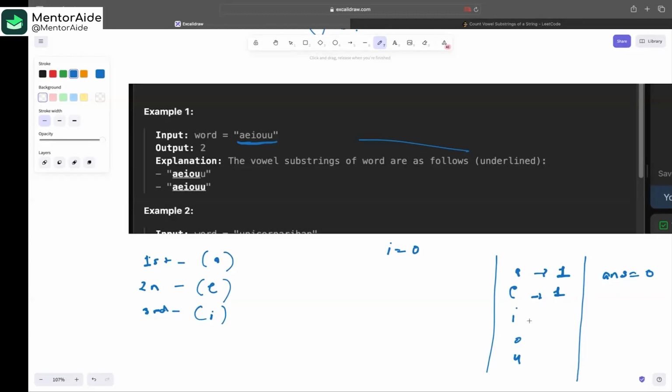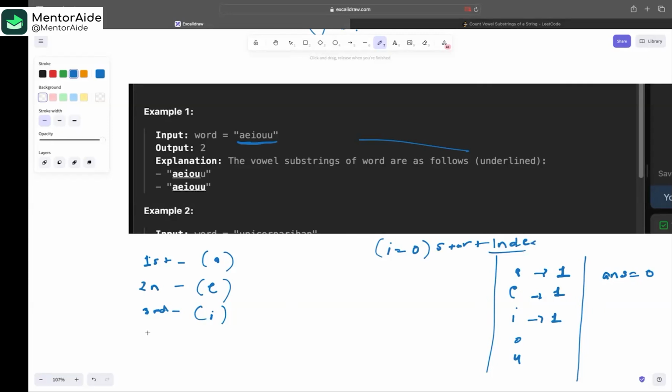Okay, so we will just increment the I, and answer is still going to remain 0. When I say answer, answer is representing the number of substrings which we have found out till now, till that third index basically. So nothing is going to change there. And this starting I, if you remember from yesterday, this is the start index, which is representing the window.